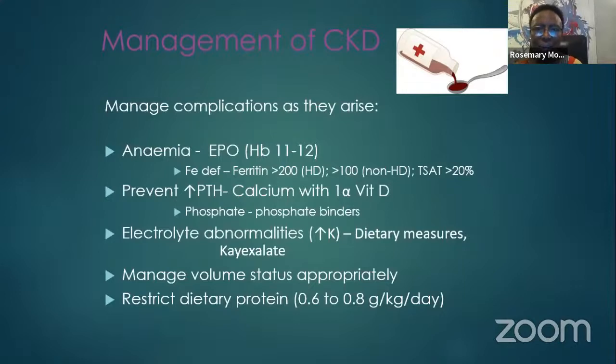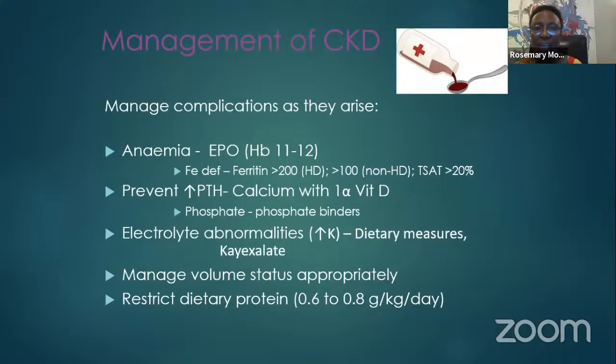With others like NICE and the British one, they would say the Hb recommendation is 10.5 to 11.5. So I think it depends on which one you want to use. And we use erythropoietin. The other important factor is that your anemia can be iron deficiency related, and that's what we see mostly in renal patients.